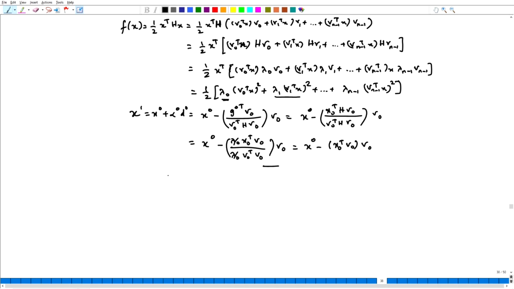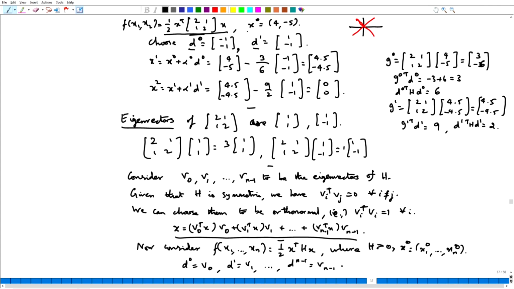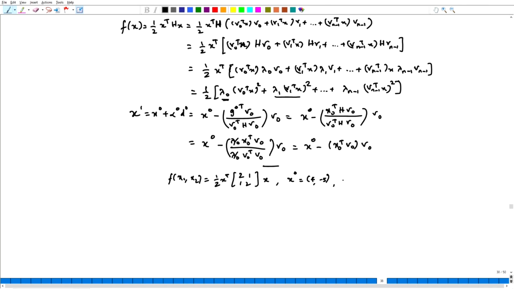So, let us again consider f of x 1 x 2 equal to half x transpose 2 1 1 2 x, and let us say x 0 is 4 comma minus 5 as we had in the previous illustration as well, and let us put d 0 equal to 1 comma 0.